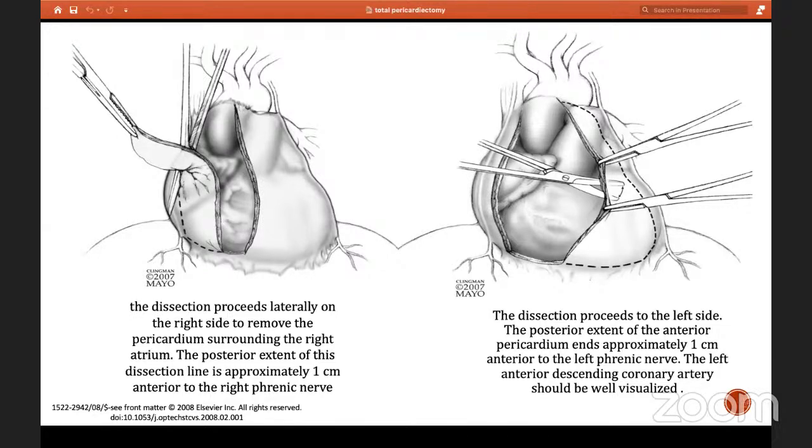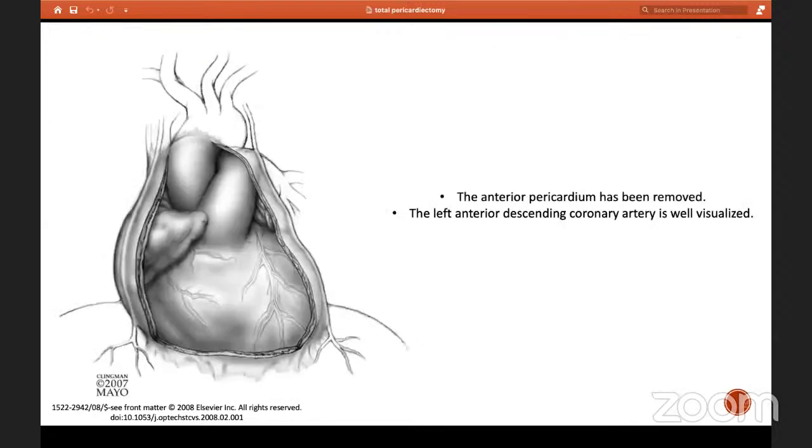Then we move to the left side, where the posterior extent of the anterior pericardium is also approximately 1 centimeter anterior to the left phrenic nerve. At that time, the LAD should be visualized when we remove the pericardium. If we are not seeing the LAD, it means that there is still pericardium on the heart. After removal of the anterior pericardium, the LAD is well visualized.